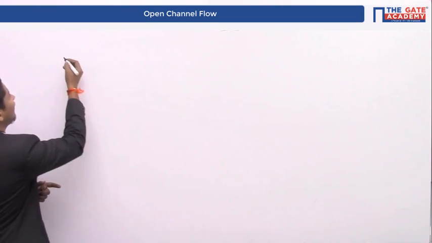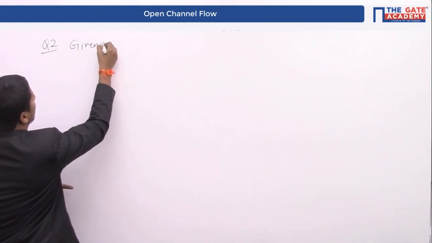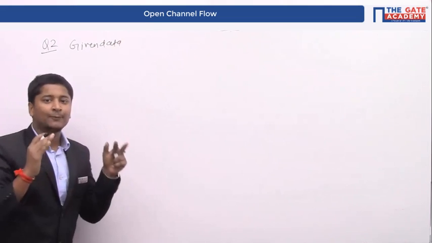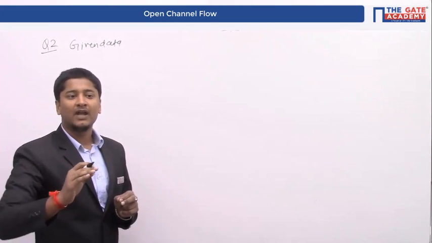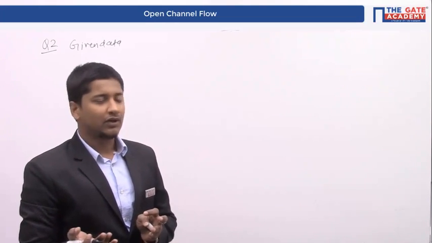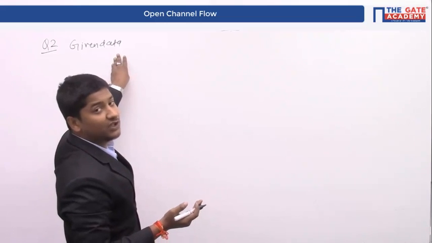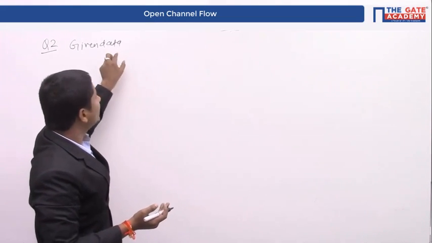First, what are the given data we have in question number two? This is the practical approach: if you are solving any question, first write the given data. It will make it easy to solve. Whether in an exam, a practice paper or a mock test, first write the given data.